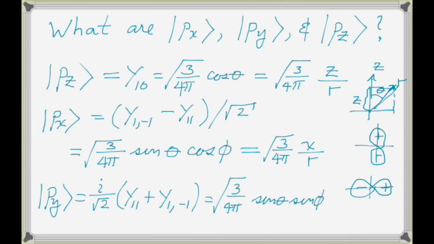And this just projects you over to the y, gives you the y component of that vector. So that's root 3 over 4 pi y over r. So these are the ones we're actually going to use, which are oriented along our Cartesian coordinates as our basis for the p orbitals.